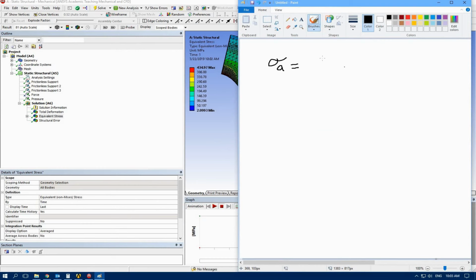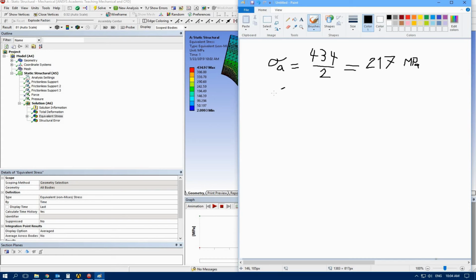So it is going to be 435 divided by 2, which is going to be 217 megapascal. Great. So I know the alternating stress.